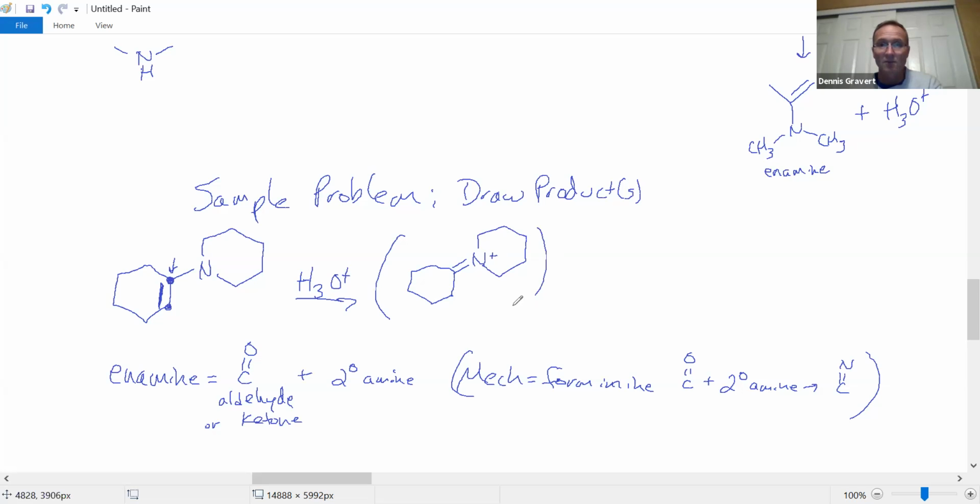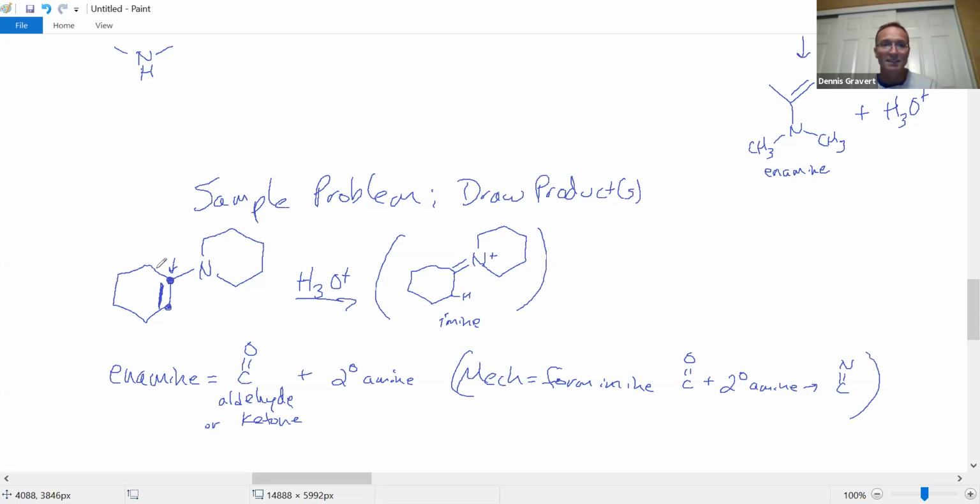And now nitrogen is making 4 bonds. So this is the imine intermediate. And in the last step of making the enamine, water picked off this hydrogen here.